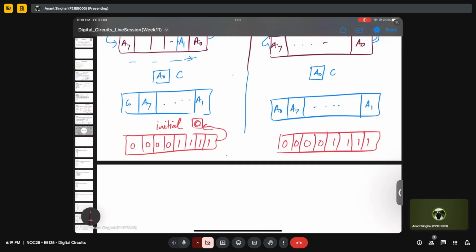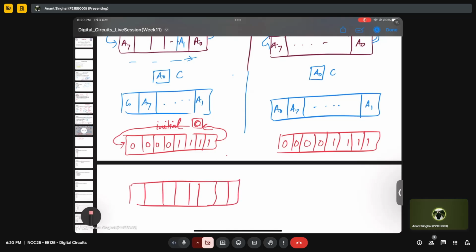As I said, the operation is like this for RAR. What will happen here is this 0 will move here, and all of them will get right shifted like this.